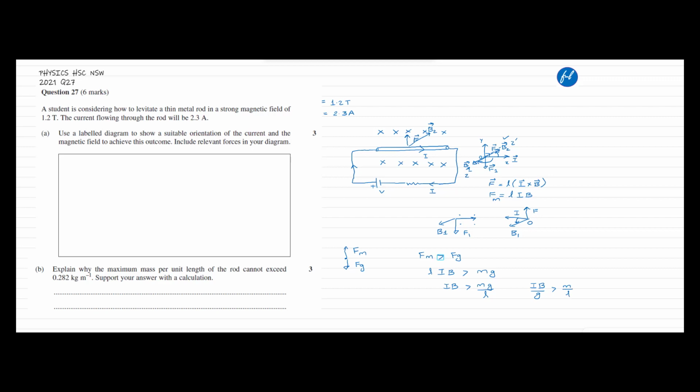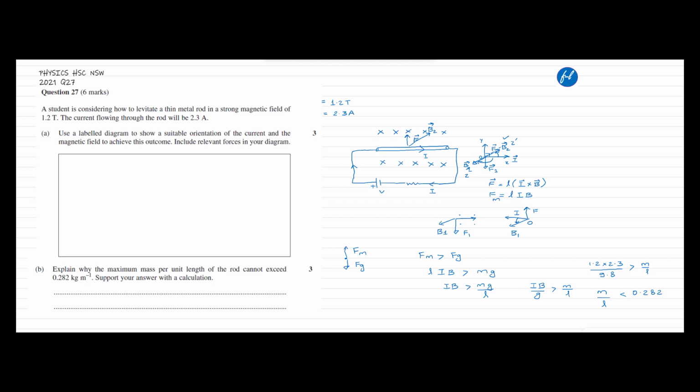And if we put the values, I is given as 1.2 and B is given as 2.3 divided by 9.8 should be greater than M by L. So if you do these calculations, M by L will be less than 0.282.